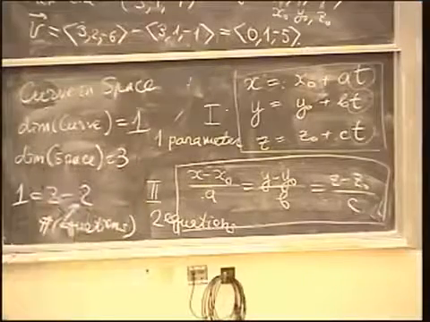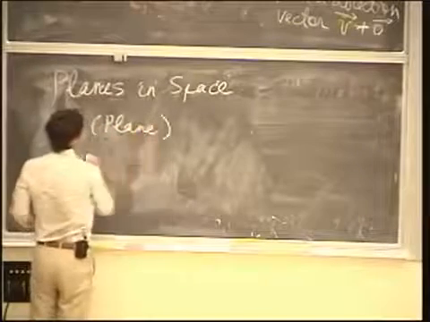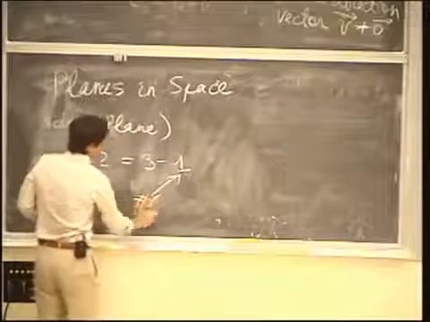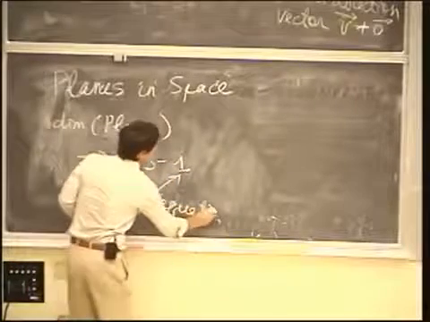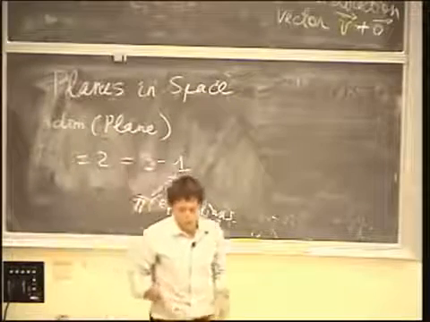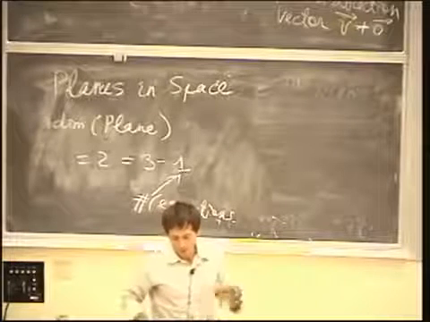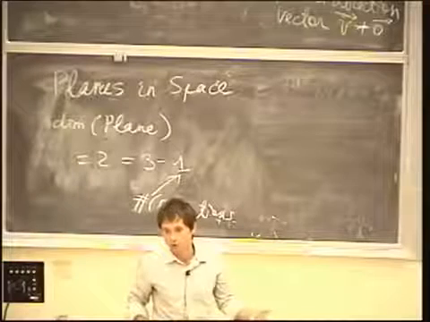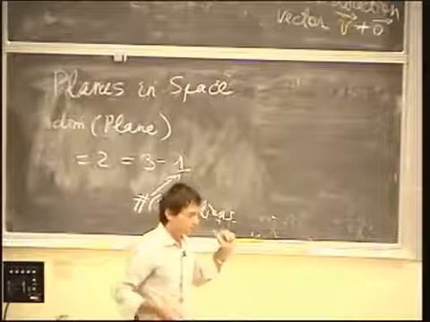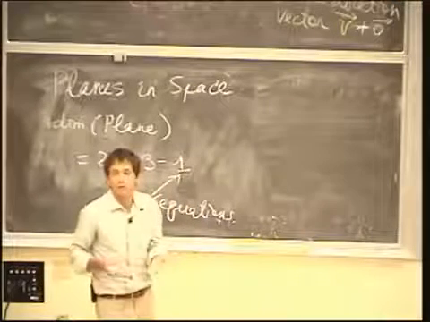Because the dimension of a plane is 2, which is 3 minus 1. So that's the number of equations. Clearly, it is more economical to represent a plane by an equation than to represent it in a parametric form, because in parametric form we would need 2 parameters and the formulas would be rather complicated. But we only need 1 equation. So let's find a good way to write down equations for these planes.